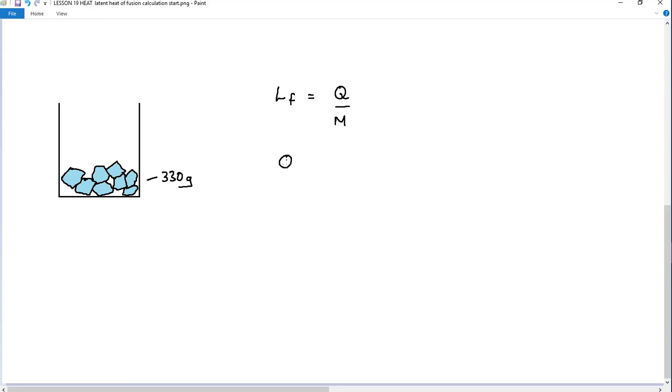So we rewrite that formula: Q equals LF, the latent heat of fusion for ice, multiplied by the mass of ice present. This figure we'll find from a reference manual, or normally it would be supplied to you if it's an exam question, and the value of LF is 334 kilojoules per kilogram, where a kilo is 1,000.